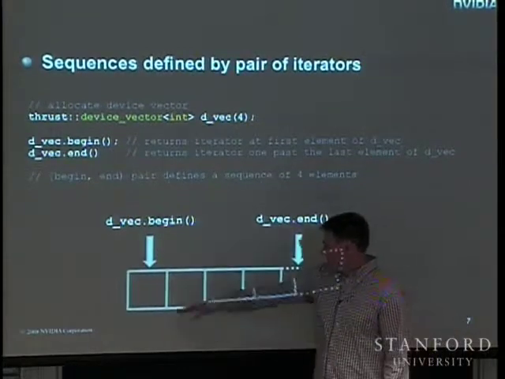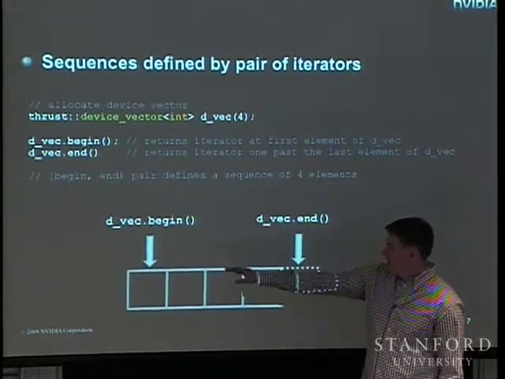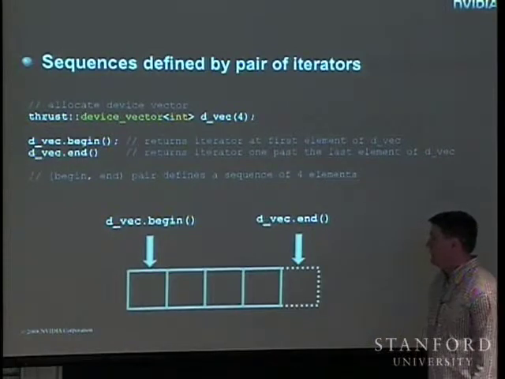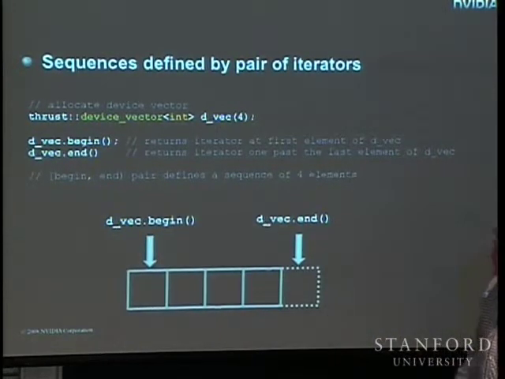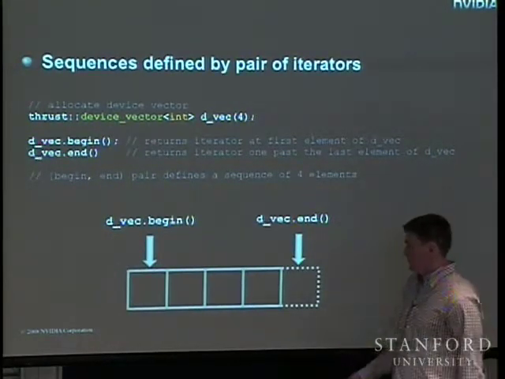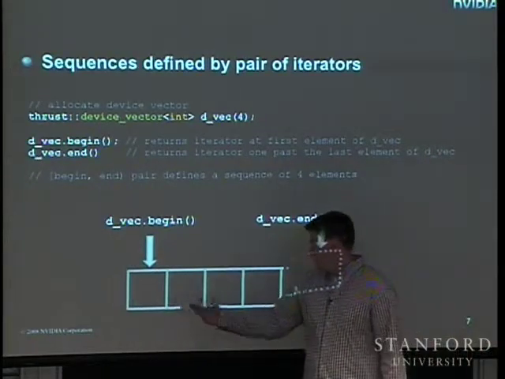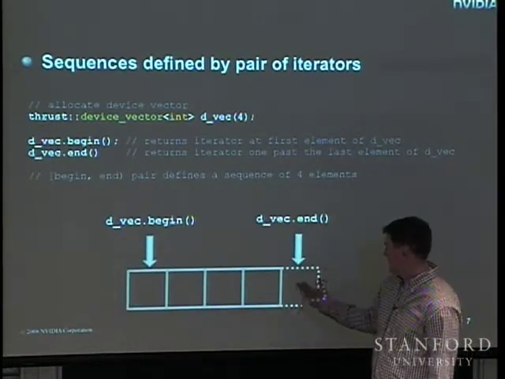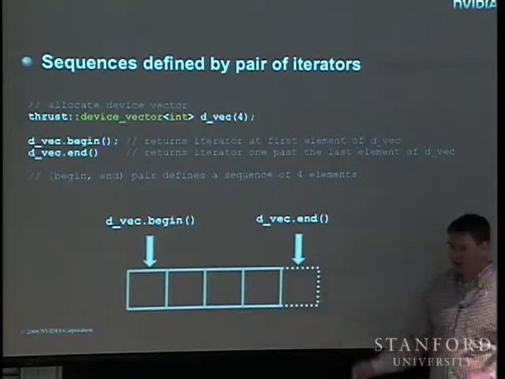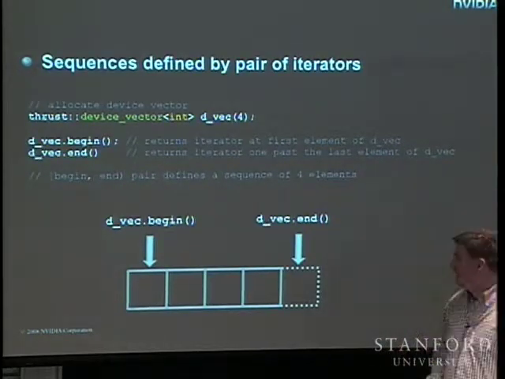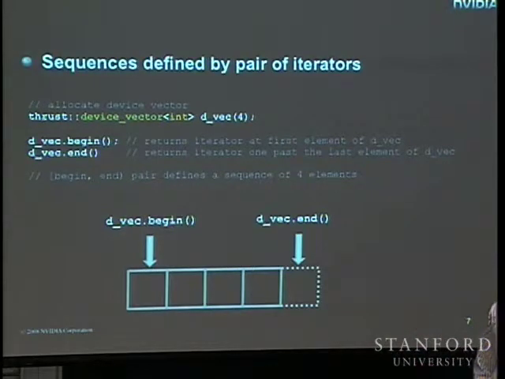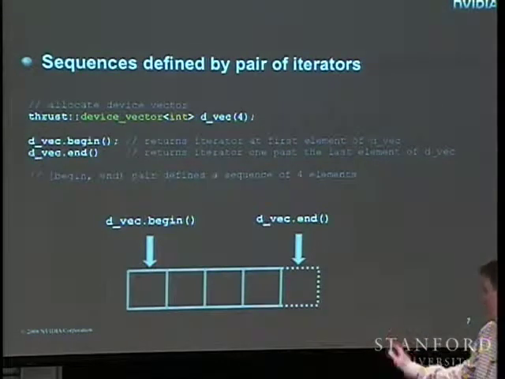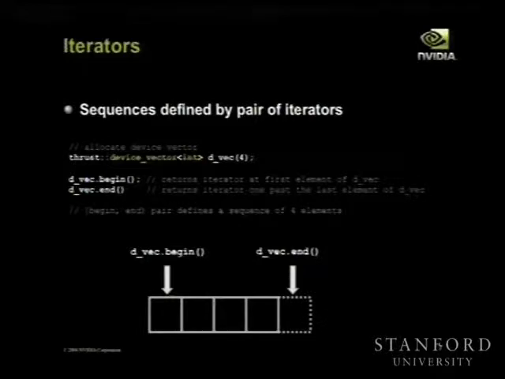And the way that these specify a sequence, as I mentioned before, is that begin points to the beginning of the array, end points one past the end, and the reason we call these iterators is that if you increment begin until it reaches end, you've passed over the sequence. And that makes sense whether it's a list, a map, a vector in this case, or anything. So we don't really leverage the other capabilities of iterators because we just have vectors, but it provides a nice interface to describe whether the memory is on the host or device.